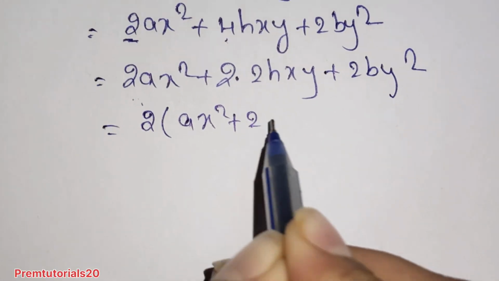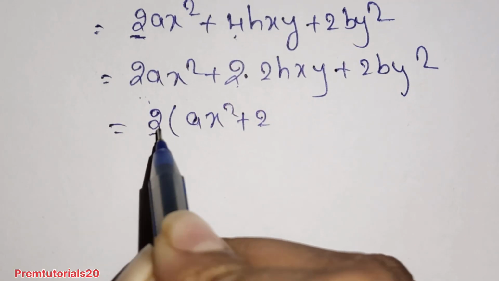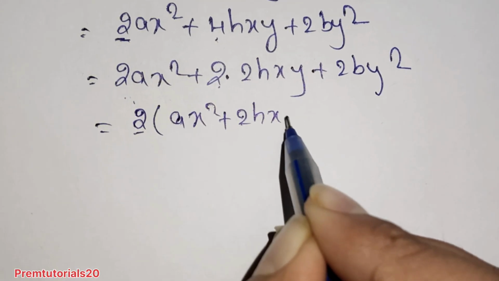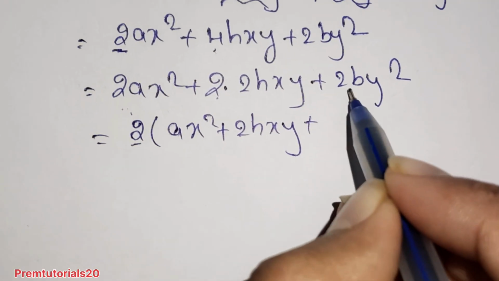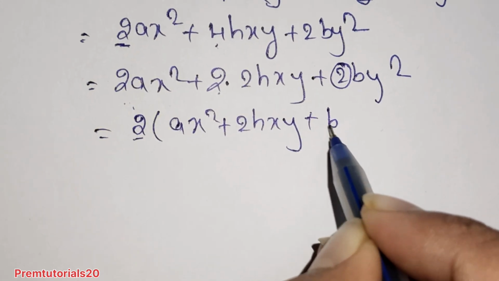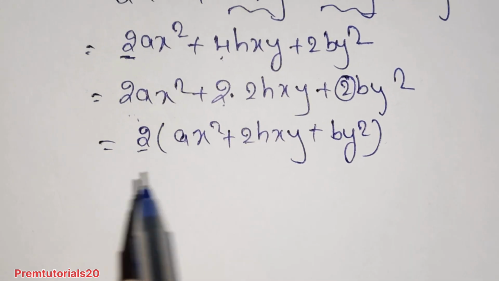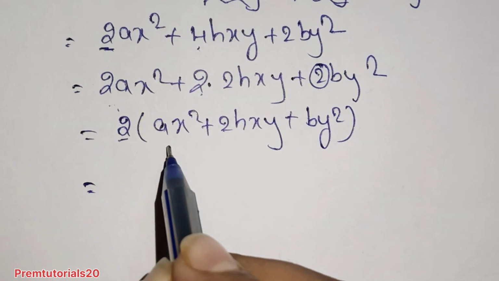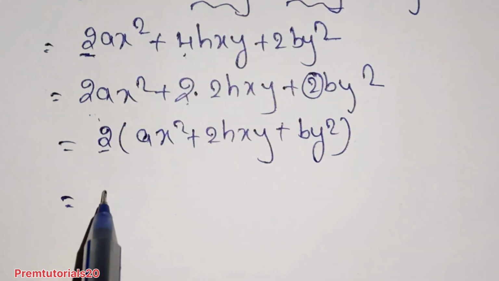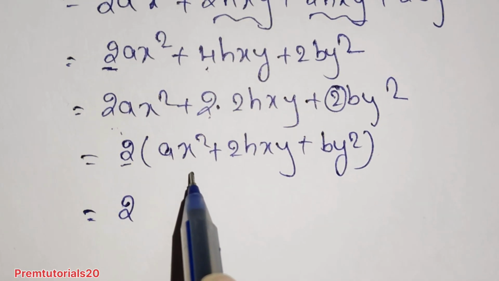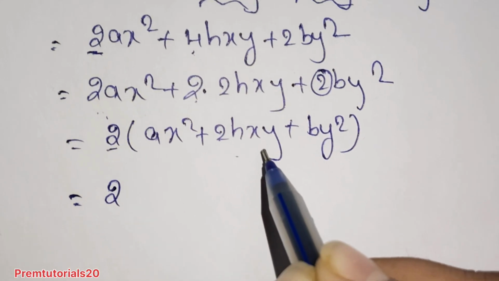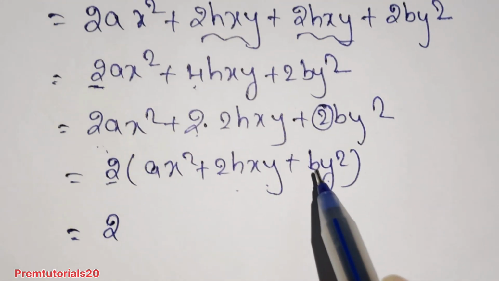We get 2 into ax square plus 2hxy plus by square. Once observe here, 2 into what is the value of ax square plus 2hxy plus by square?